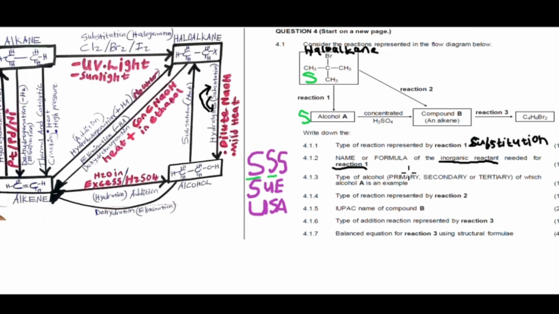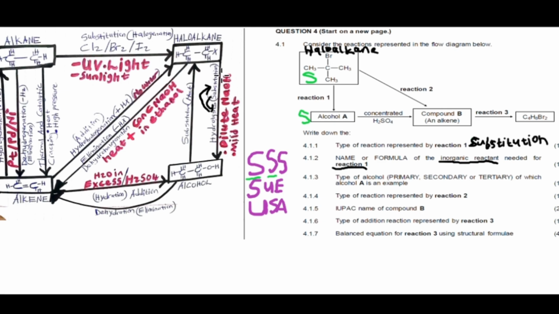Remember that for a compound to be organic, we must have a carbon atom and a hydrogen atom. But for it to be inorganic, one of them is not there. So the inorganic reactant needed for reaction 1 is going to be dilute sodium hydroxide.